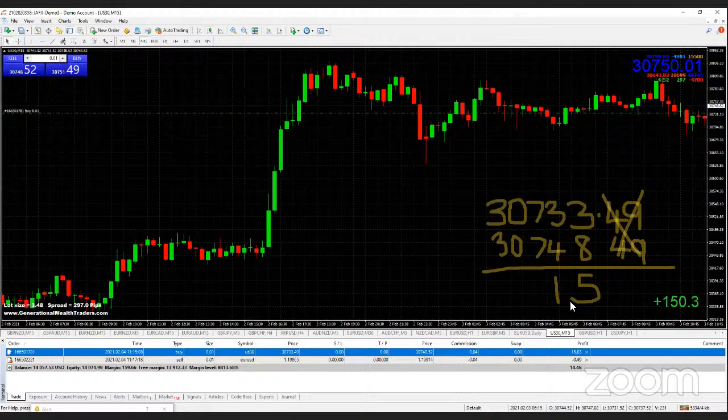That's basically why I would want it out. I would like to encourage us to stick to pips and points. If you are trading Forex, call it pips. If you are trading indices, call it points. I always encourage my students and mentees to use the right terminologies.